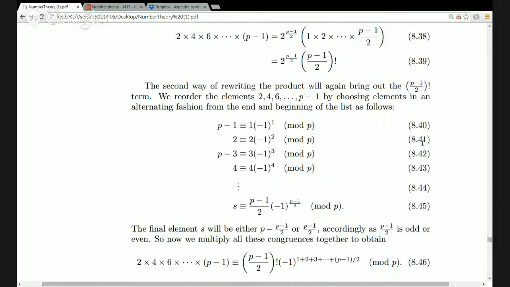Now, we can't say what the middle number is going to be. The p minus 1 over 2, whether that is an even number or an odd number, we don't know. It depends on what p is congruent to modulo 4.